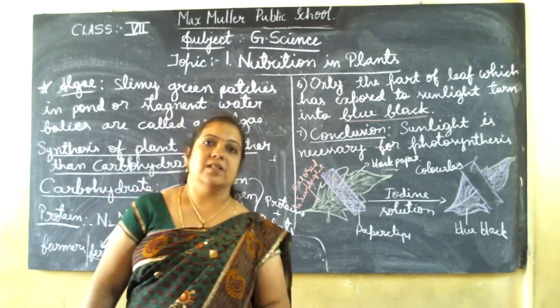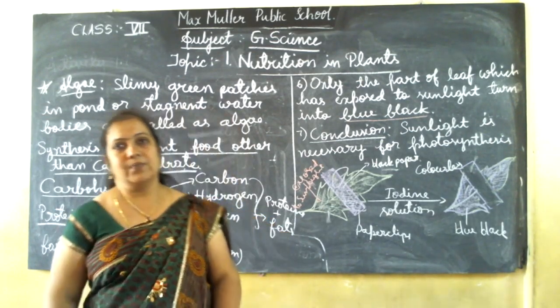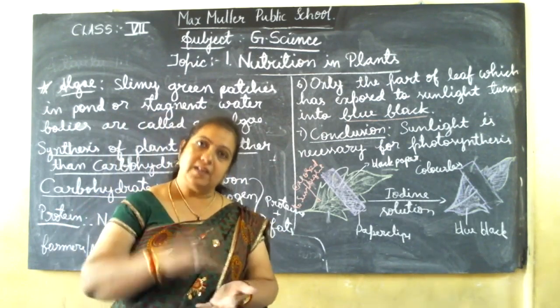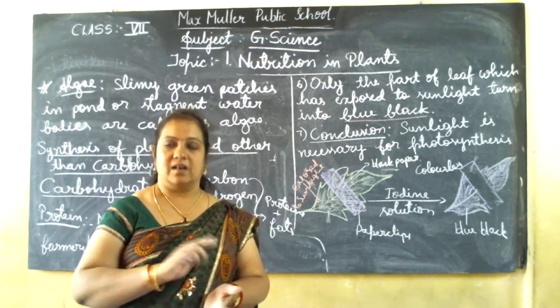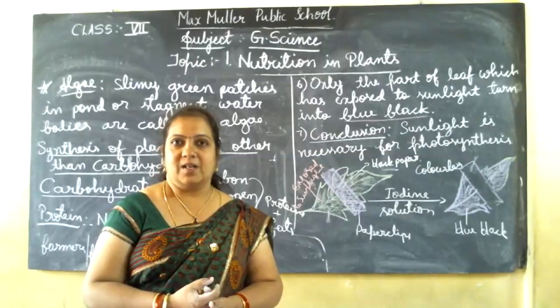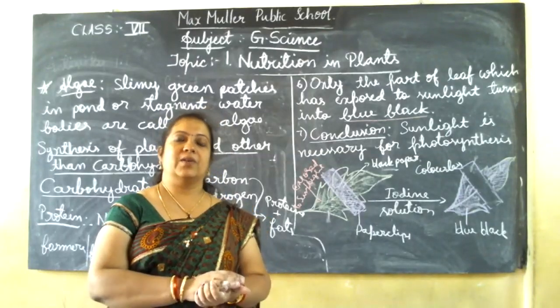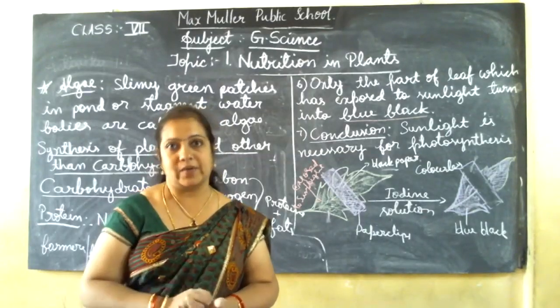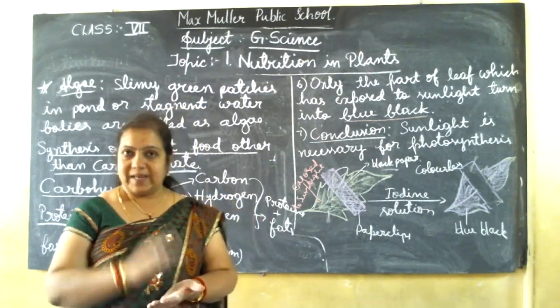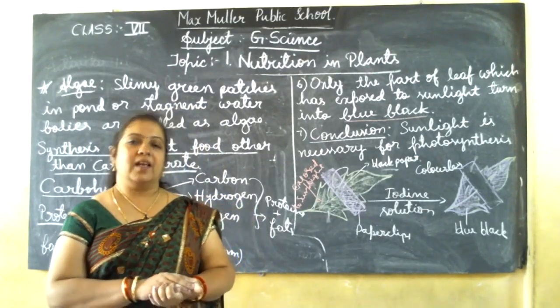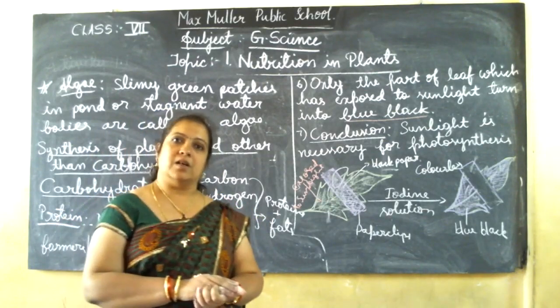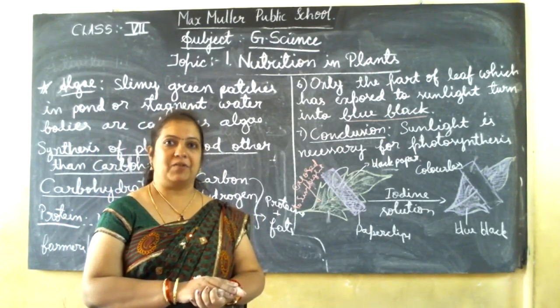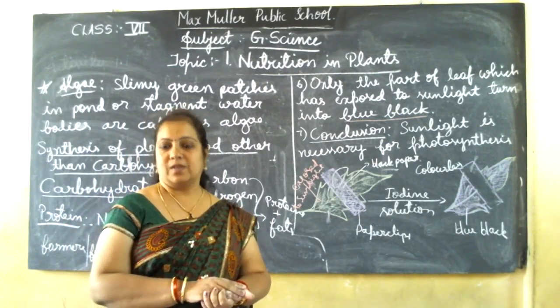Even they can synthesize food, because, as I told you, the green color is there and these other colors are spread over it. The base is green only, so they can also carry out photosynthesis and produce food.